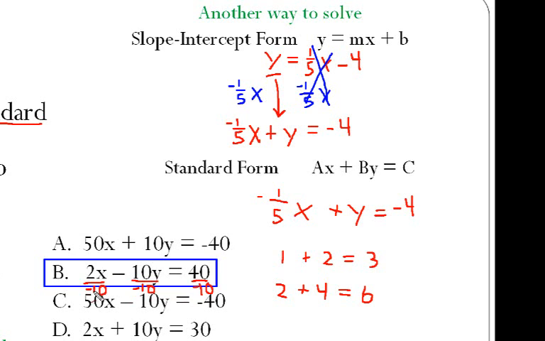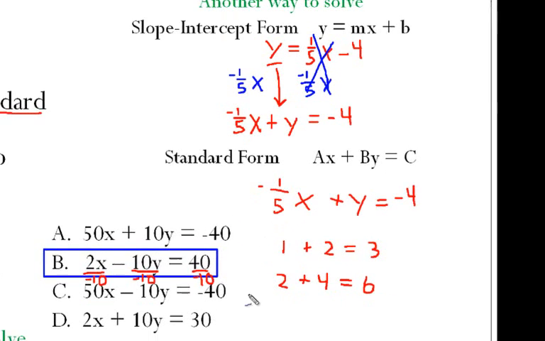Okay, 2 divided by -10 will give me -1/5 x. -10 divided by -10 will just give me y. And 40 divided by -10 would give me this -4. So that's another way you could do it.